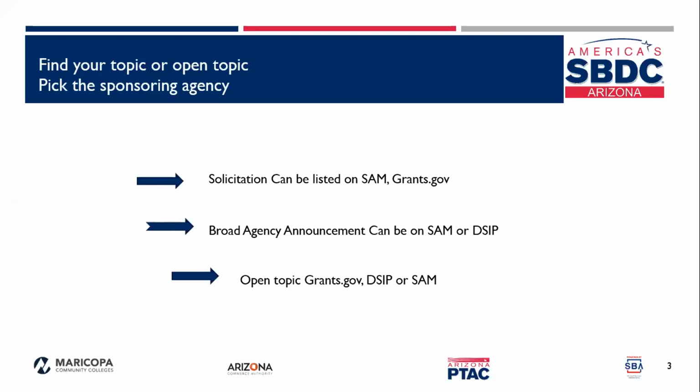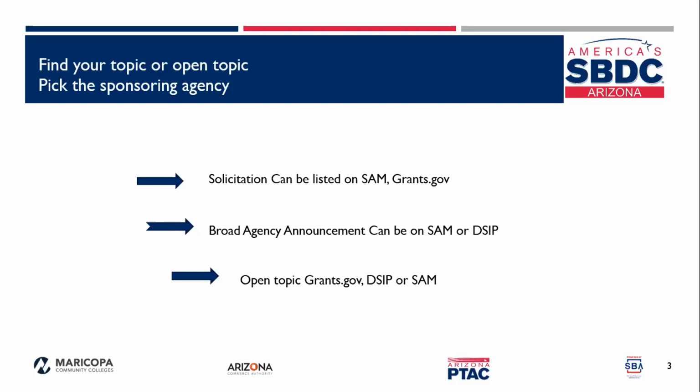Now, the Department of Defense does what they call broad agency announcements, BAAs. And usually BAAs can be found on SAM or on a website called DSIP. As a general rule, I look at the DSIP website for the BAA announcements before I look at SAM.